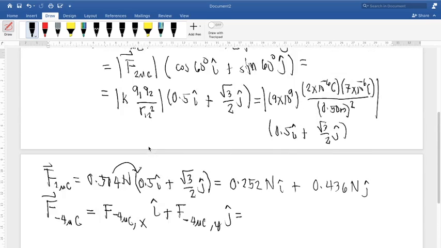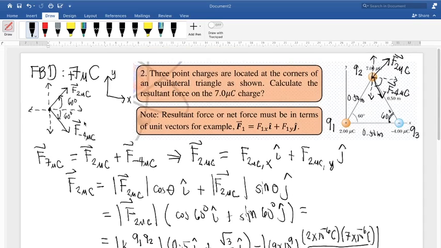But remember, as you can see here, sa atong negative 4 microcoulomb, the 60 degrees is rotating clockwise. Okay, so here, if mag-rotate siya counterclockwise, atong angle is measured or equal to negative 60 degrees.